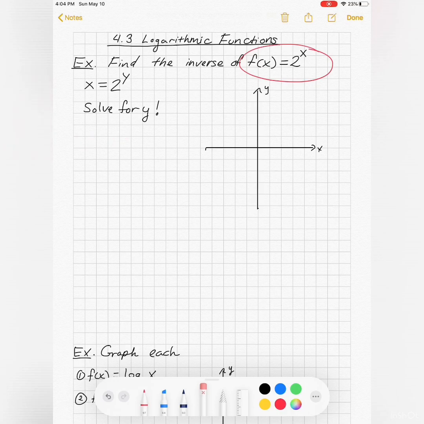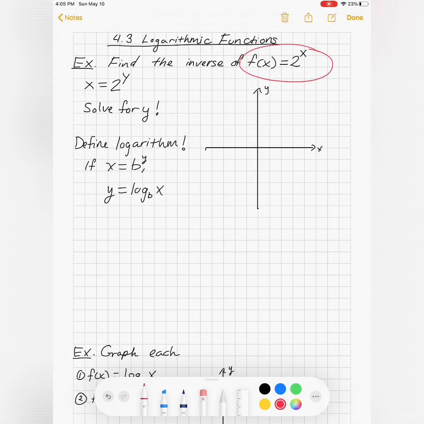actually, we need something new in order to solve for y. So what we do is we define a new type of function, which is the logarithm. So we say if x equals b to the y, then y is the logarithm base b of x.